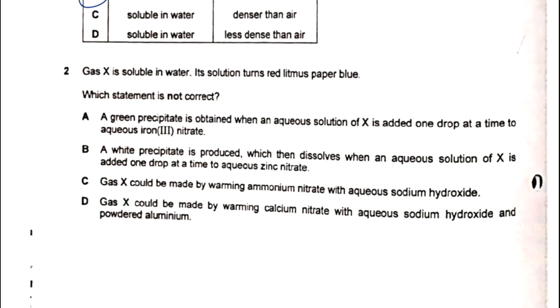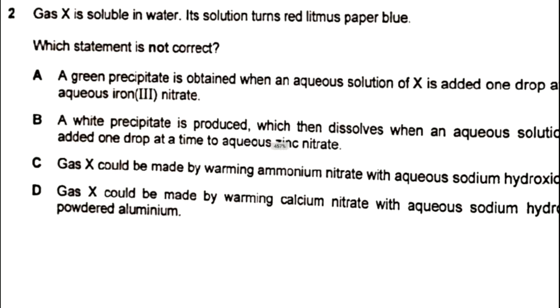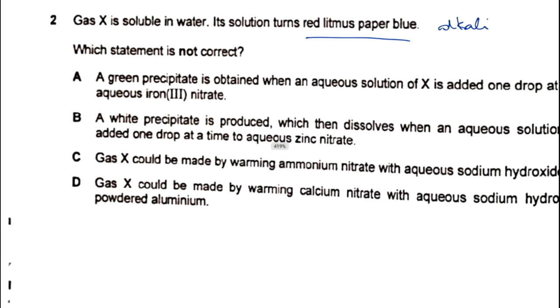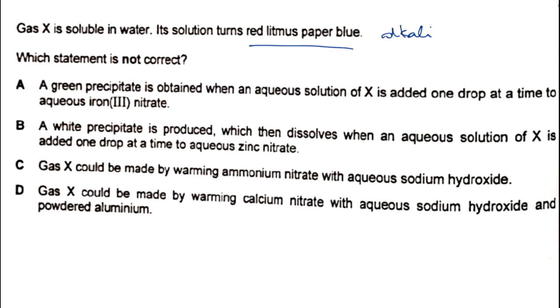Gas X is soluble in water. Its solution turns red litmus blue. So if it turns red litmus blue, it must be an alkali. Which statement is correct? Gas X is soluble. What is produced when it dissolves?